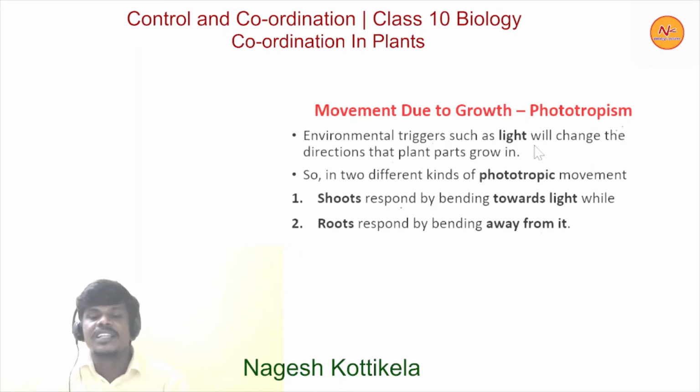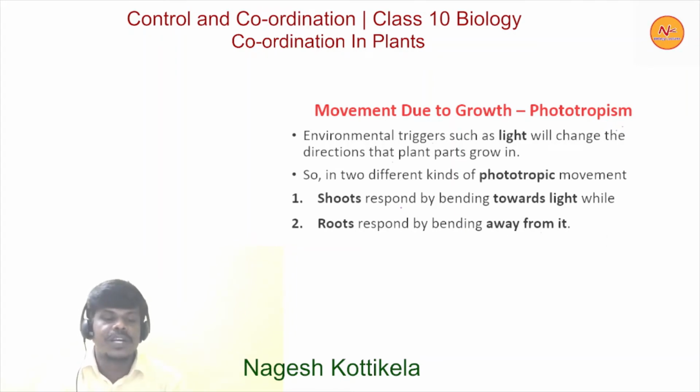So here light is the stimulus in phototropism, and it is a directional movement. In two different kinds of phototropic movement, shoots respond by bending towards light and roots respond by bending away from the light.